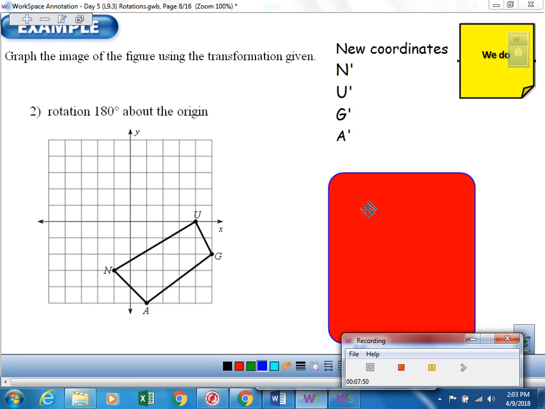And then 1, 3 is N prime. And then I would connect my points. Remember, you should be drawing with the straight edge.